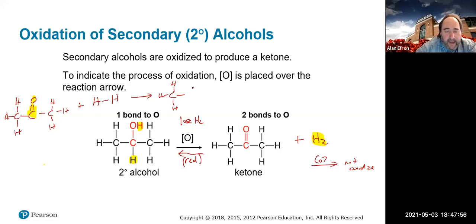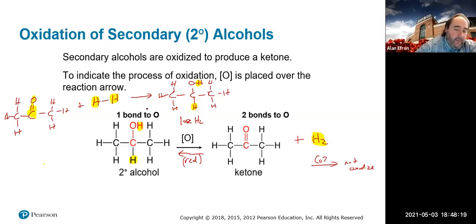And when we do that, that gives us a location for each of these hydrogens to come on. One here and one here. And we would just put it on here and here.